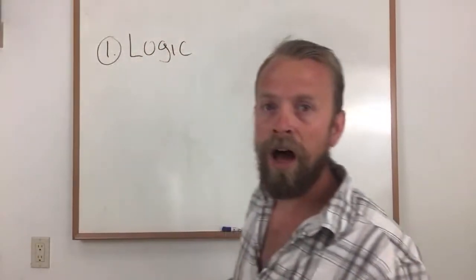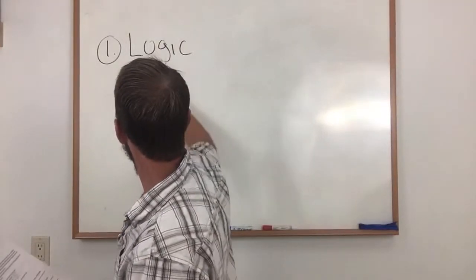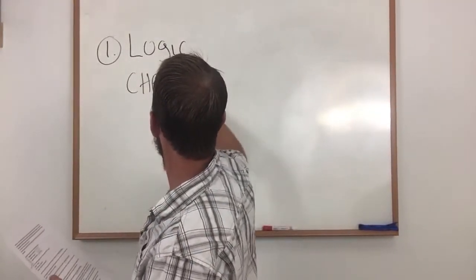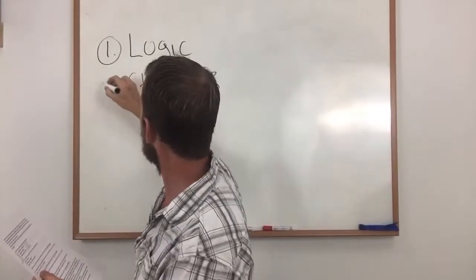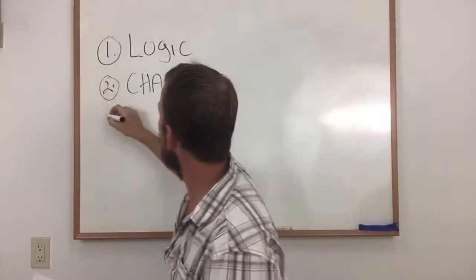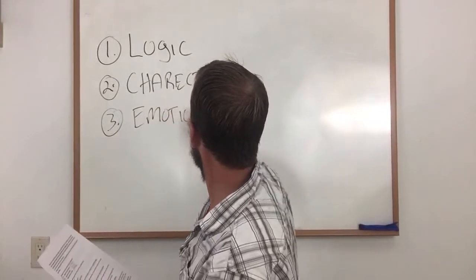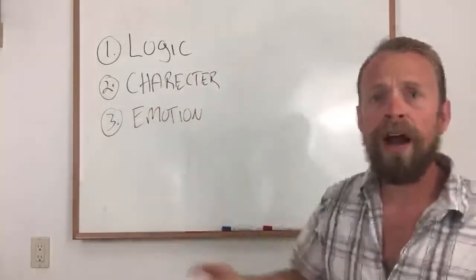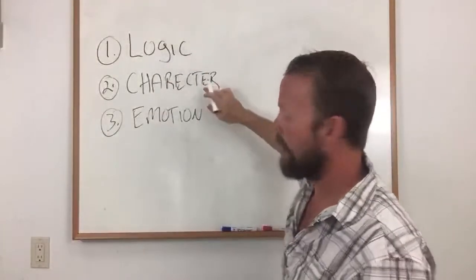The second one is the argument of character. I hope I spelled that right. And the last one, my friends, is the argument of emotion. So these are Aristotle's 3 tools of persuasion: logic, character, and emotion.